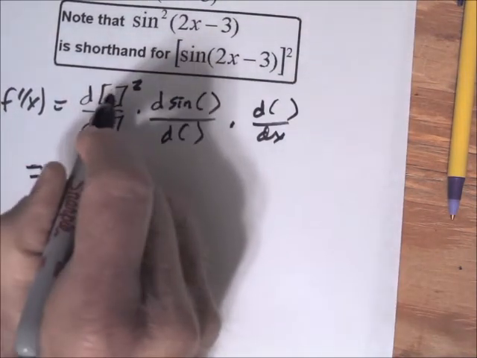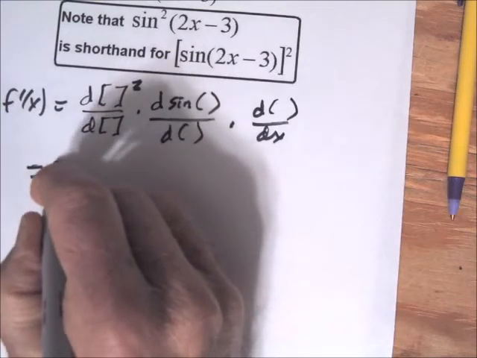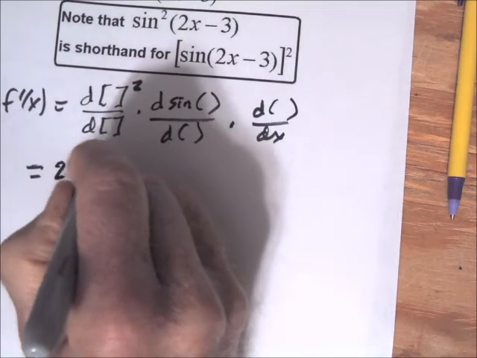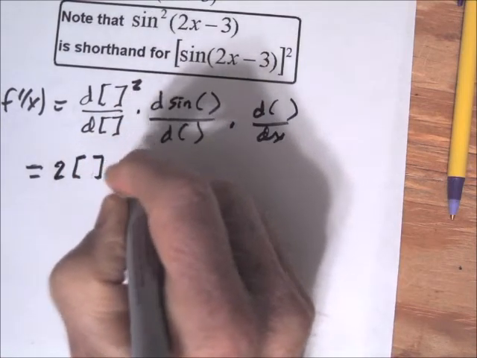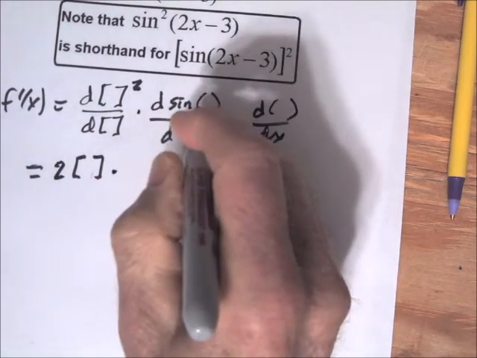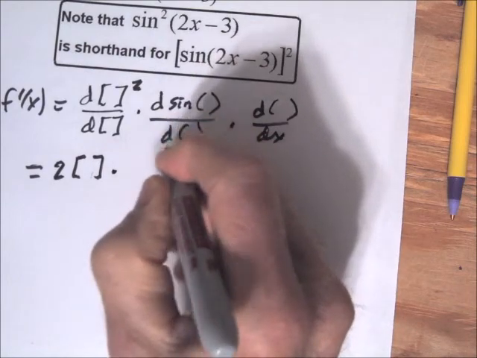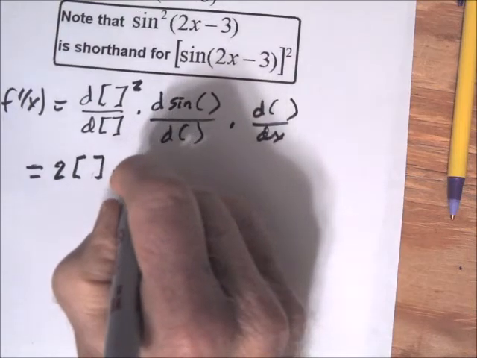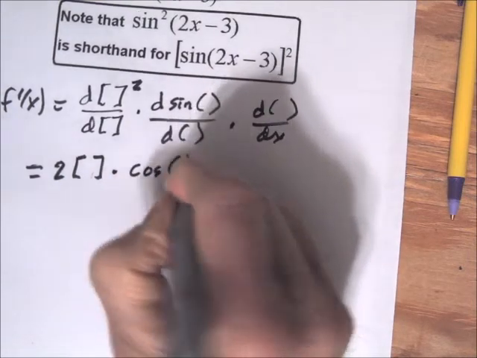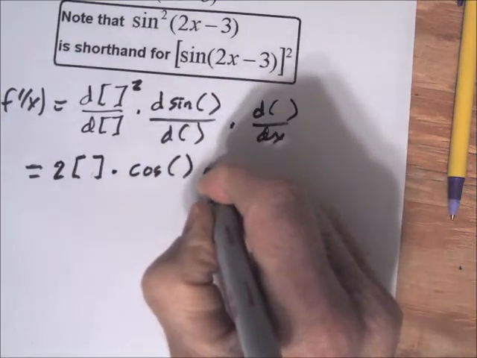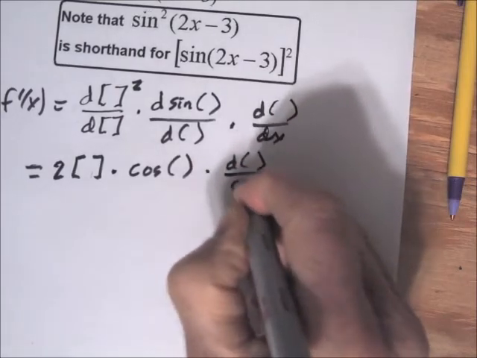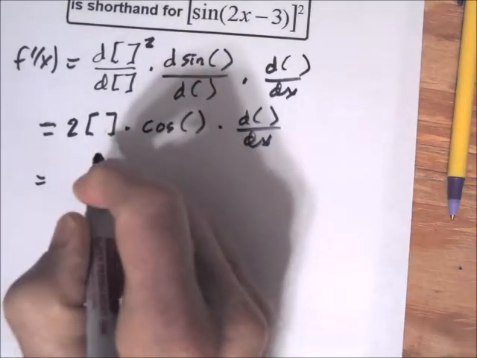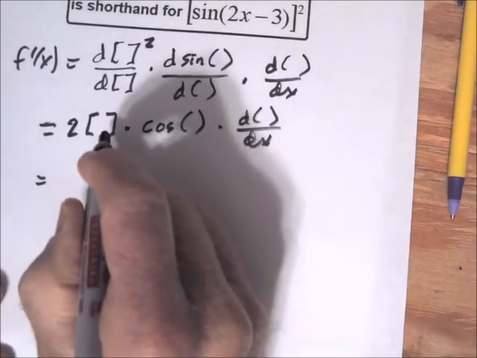For the first factor, we can use the power rule. So this is going to be 2 times whatever's inside the square brackets to the first power. For the second, we use the rule for the derivative of sine. The derivative of sine is cosine. Cosine of whatever's in the round brackets, and then times the derivative of the round brackets with respect to x. So then we can fill in what's inside here.